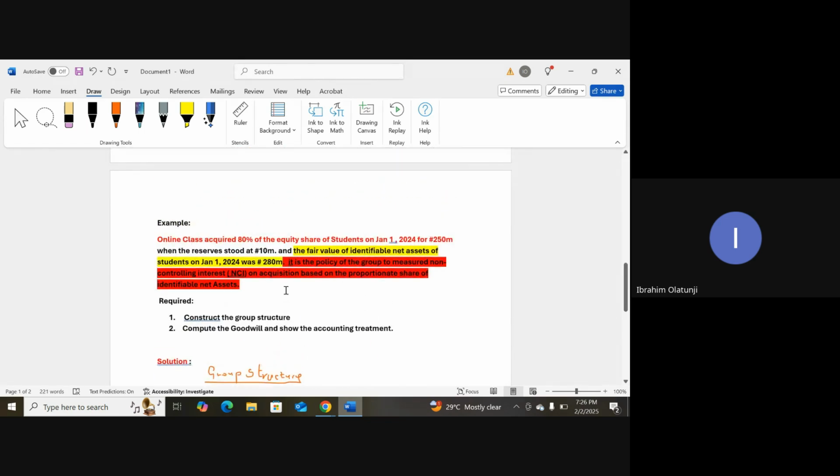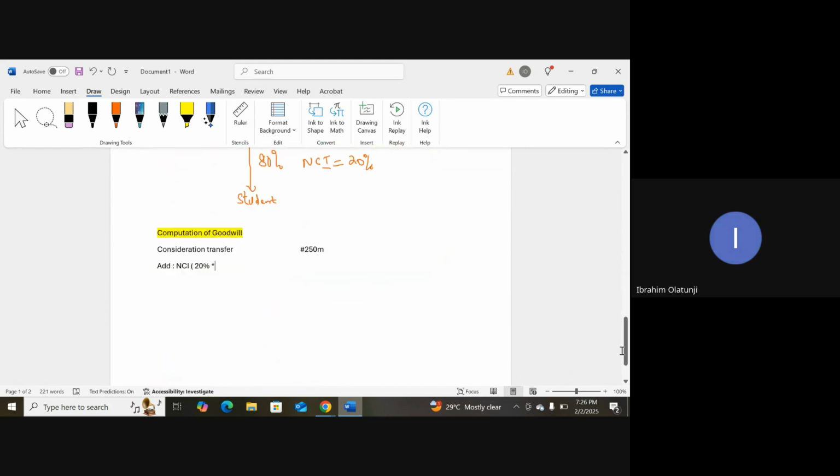They said the fair value of identifiable net asset. I said the policy is proportionate share of identifiable net asset, and they've already given us the identifiable net asset to be 280 million.